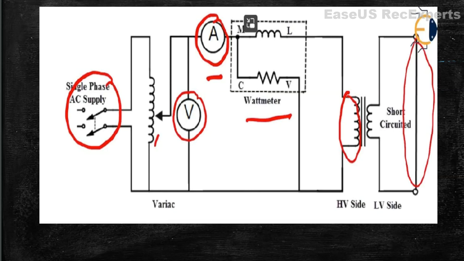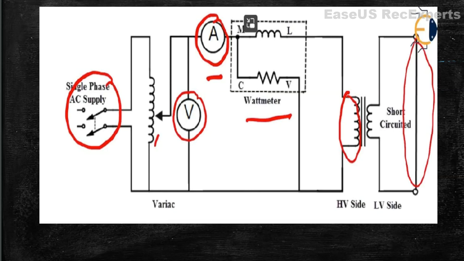In this case we can see the transformer is taking the rated current, but the voltage is very small as compared to the rated voltage. Hence in this case the transformer shows only the copper loss, because the iron loss is directly proportional to the voltage. Iron loss can be neglected because the voltage is very low. Hence the wattmeter connected to the primary winding will indicate the copper loss.